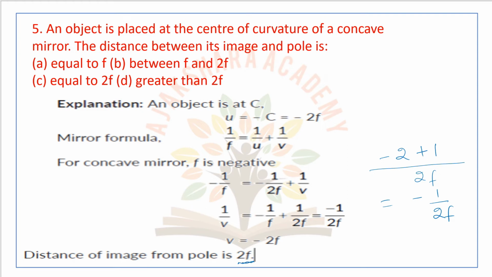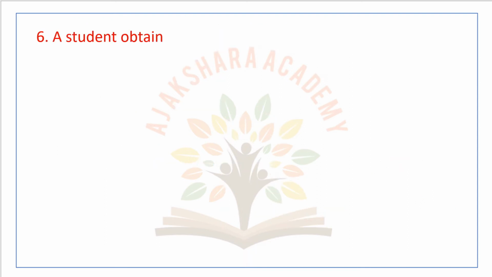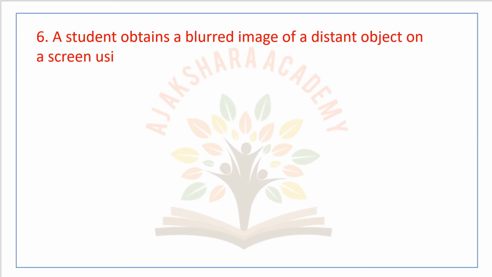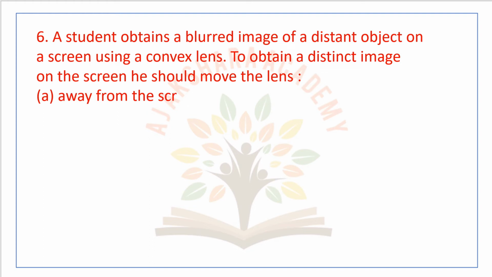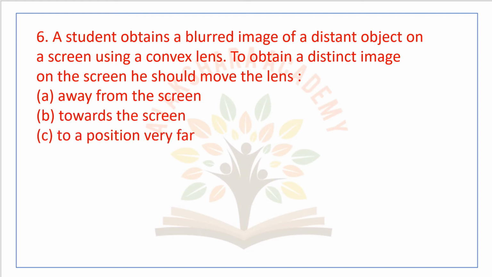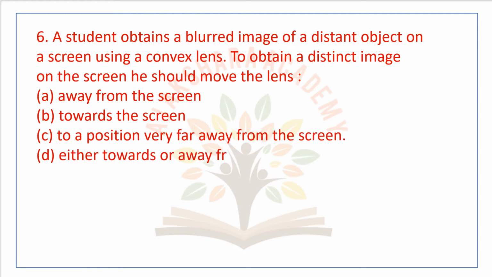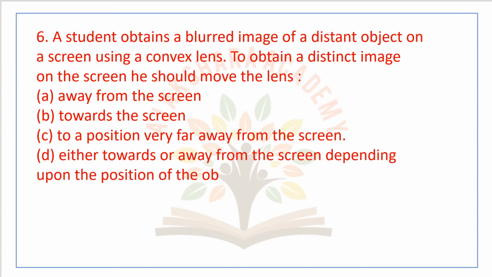Okay. Next: a student obtains a blurred image of a distant object on a screen using a convex lens. To obtain a distinct image on the screen, he should move the lens away from the screen, towards the screen, to a position very far away from the screen, or either towards or away from the screen depending upon the position of the object.